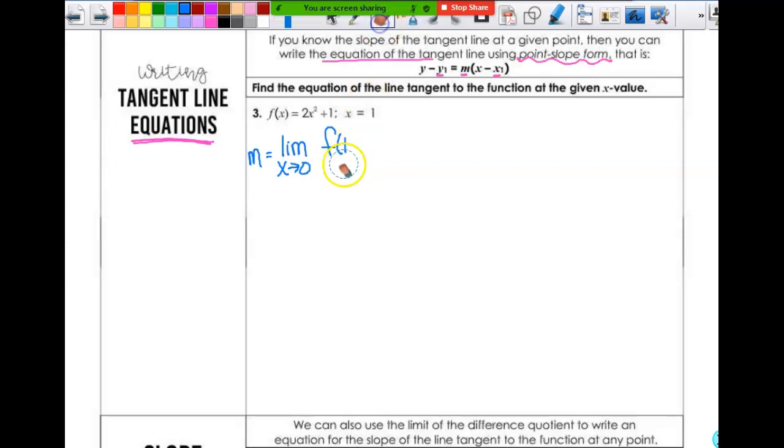Sorry. H is approaching 0, not x. The limit as h approaches 0 of f of 1 plus h minus f of 1, all over h. All right, I'm going to let you work on this, and then I'll start it without speaking. Let's see how well you can do all this on your own.